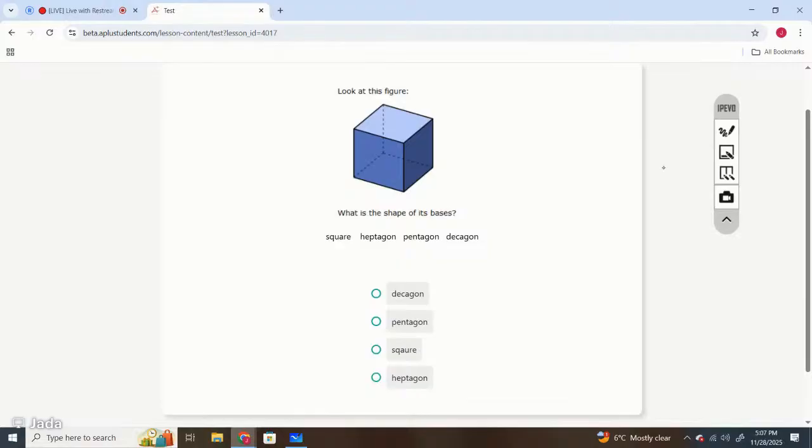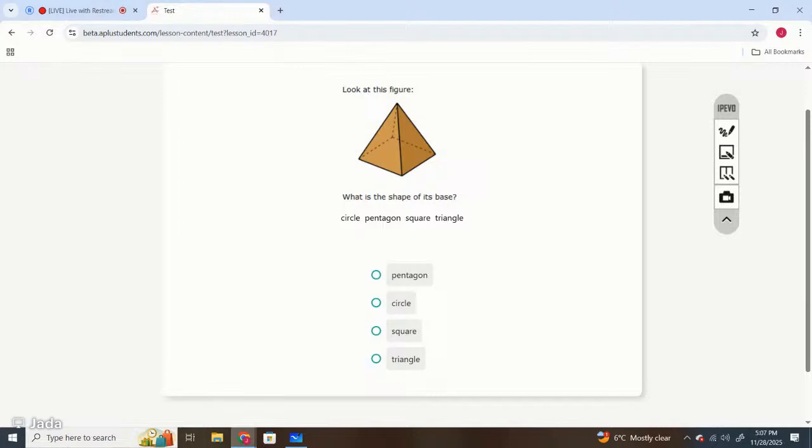Look at this figure. The base of the shape is square. Look at this figure. What is the shape of its base?